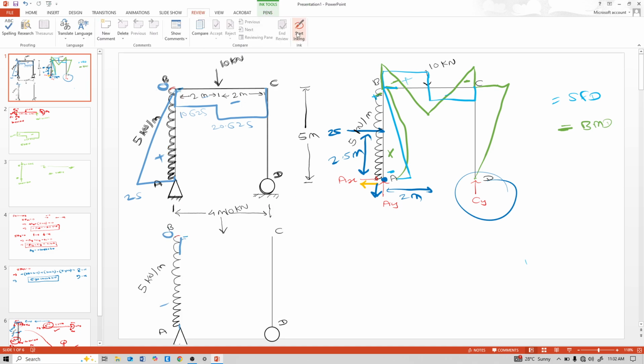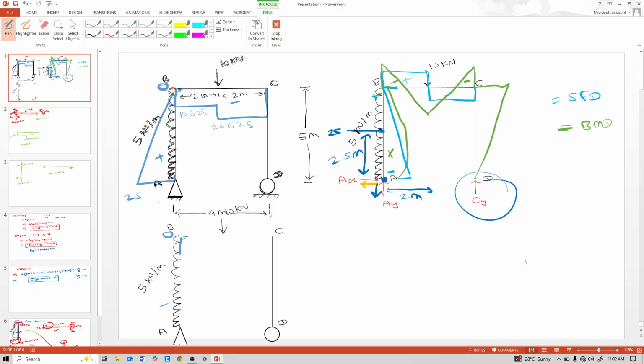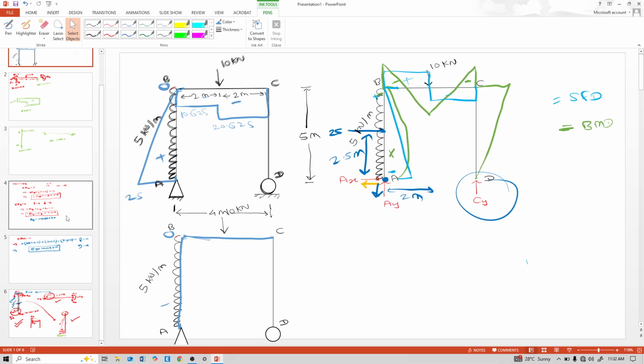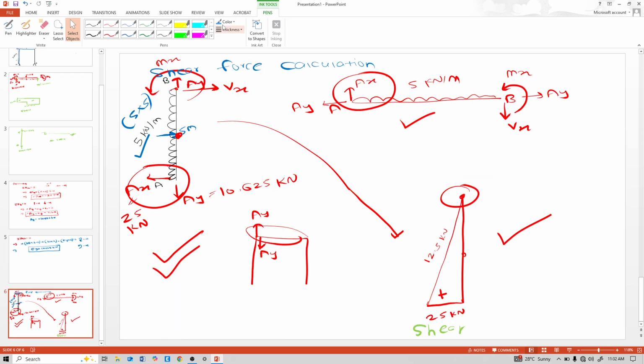This is for the bending moment. So your shear calculation is complete. Now draw the BMD. At point A, moment is 0 because there is a pin support.